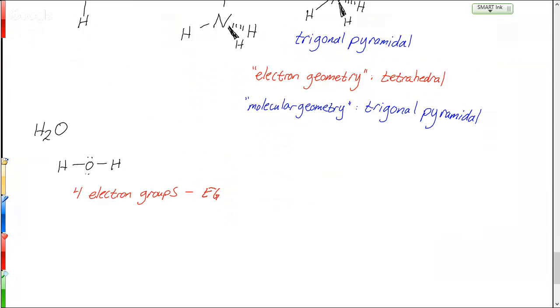So the electron geometry is tetrahedral. But if you think about what we're actually seeing, we don't see those electrons. So the actual shape, though it maintains approximately those same bond angles, is just called bent. Because that's the shape that we actually see.